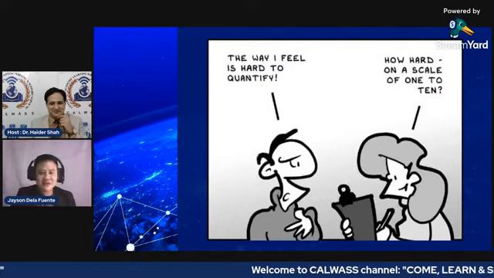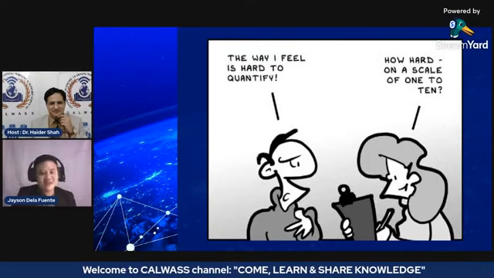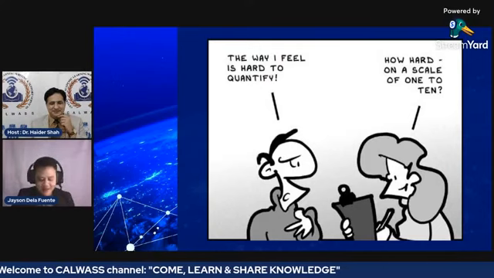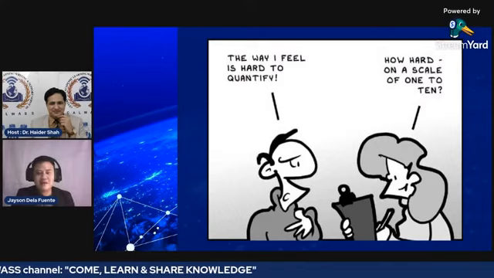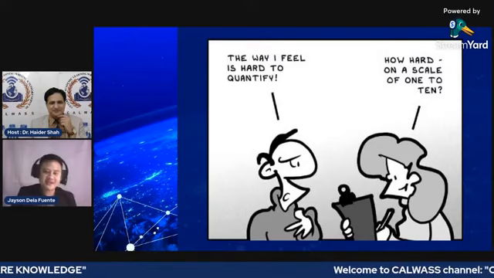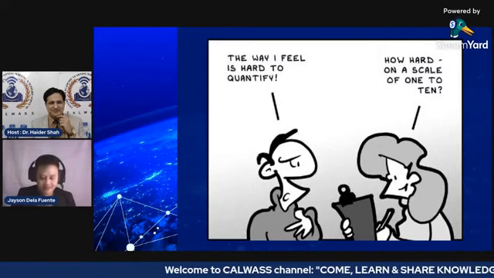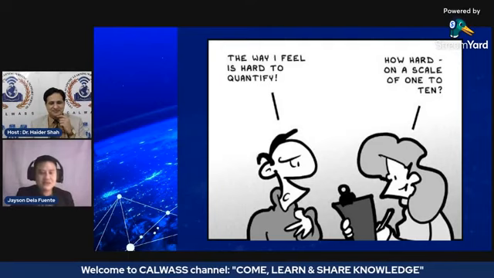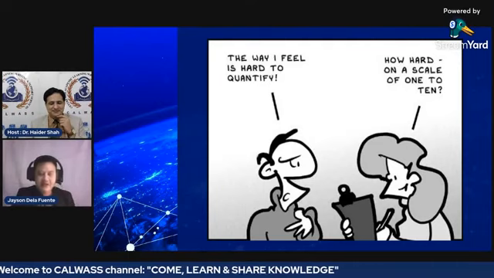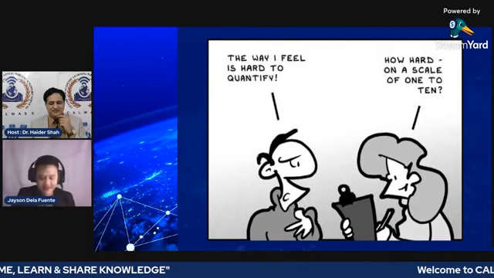Qualitative data is about emotions. It is about experiences. It is about perceptions of people, what they feel. It helps researchers understand the language that people speak and deal with effectively and efficiently in their daily lives.